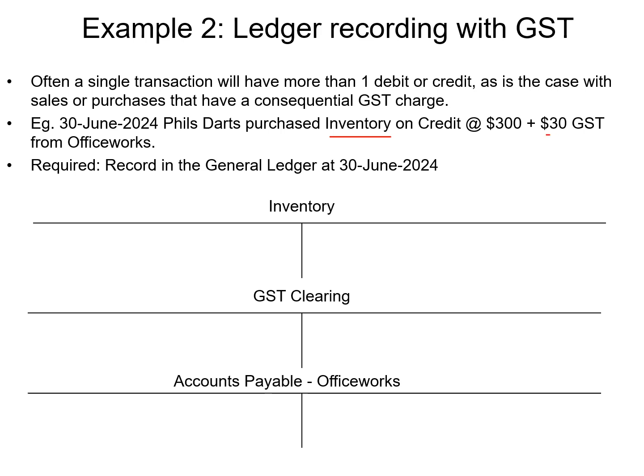We've got a GST effect, and because it's on credit, we've created an account payable, which is a liability. So in terms of the rules of double entry recording, inventory is an asset that's increasing. We only increase that by the value of the inventory, not the GST. So that's a debit entry.